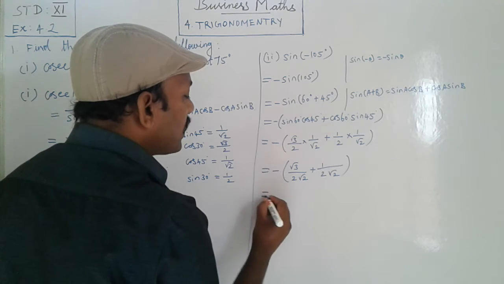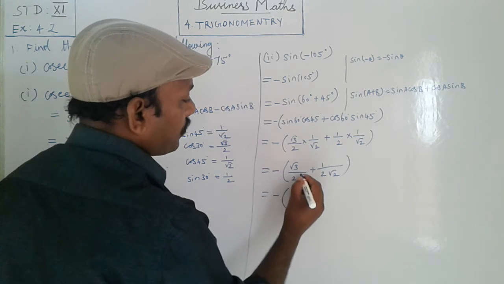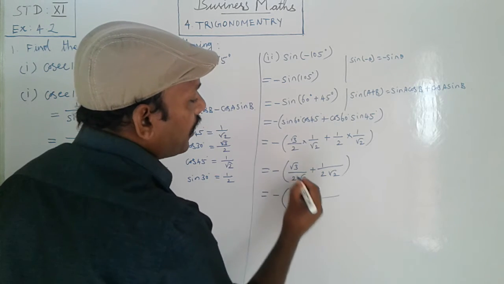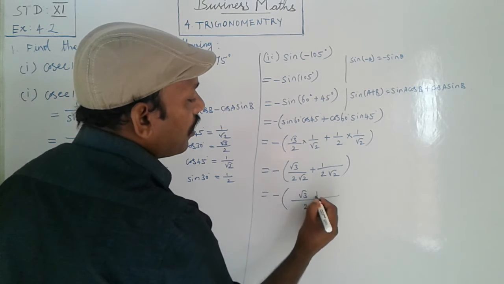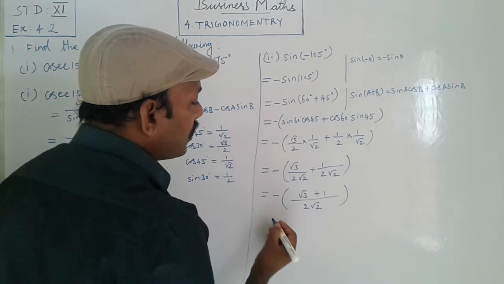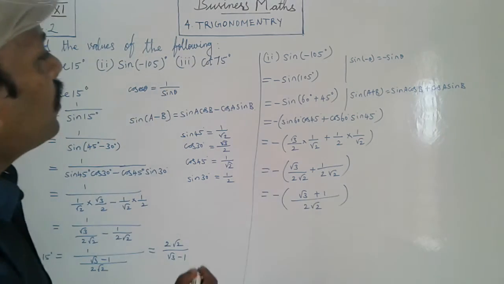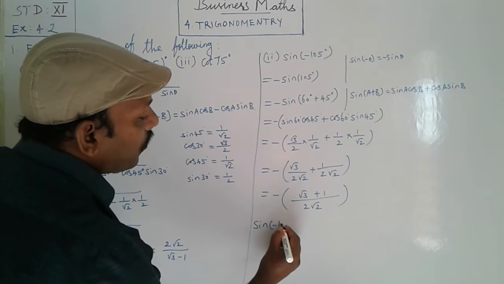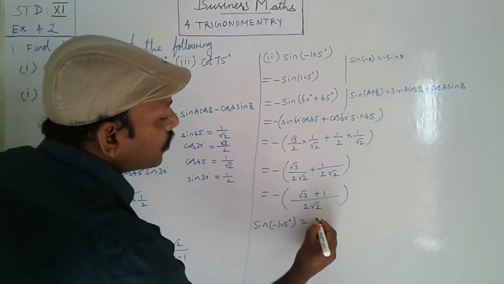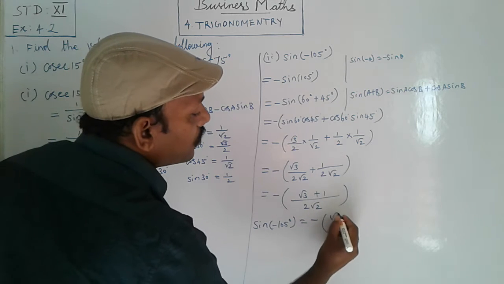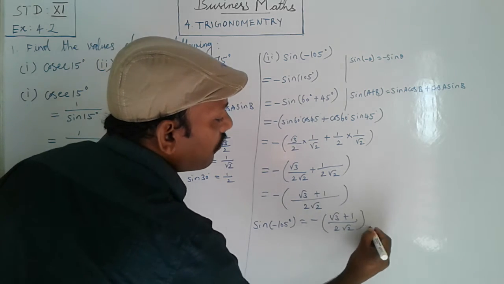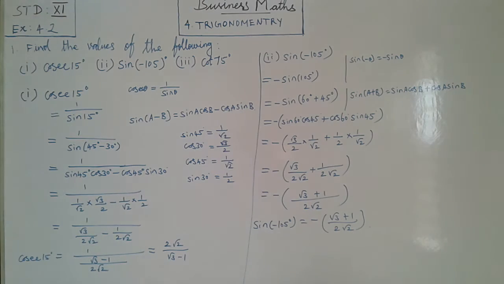So 2 root 2 is the LCM: root 3 plus 1 divided by 2 root 2. This is the value. Sin of minus 105 degree equal to minus (root 3 plus 1) divided by 2 root 2. That's all.